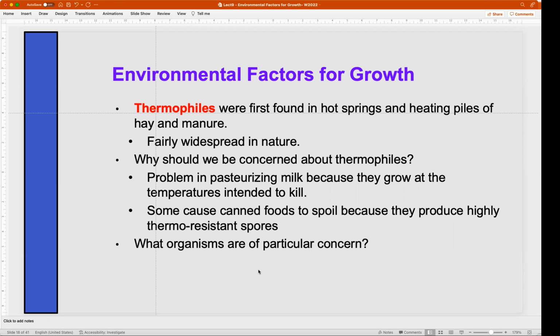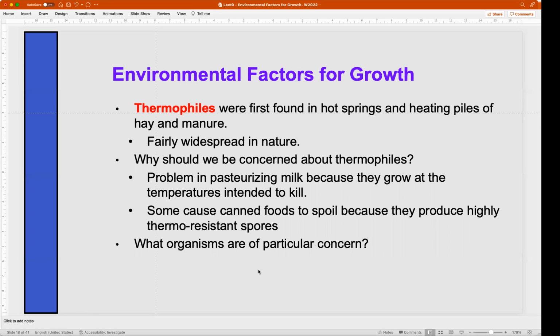some cause canned foods to spoil because they're forming thermoresistant spores, and the organism of real concern that we always worry about in high temperature is botulism, Clostridium botulinum. Paul, you were talking about tetanus the other day, lockjaw.